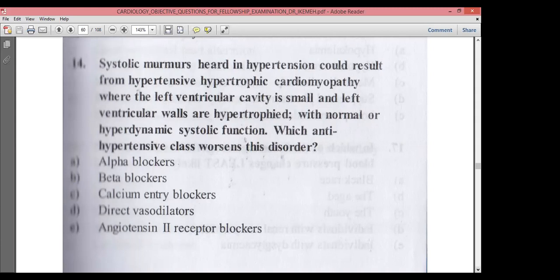Especially with those vasodilators that cause concomitant venodilatation, they reduce venous return. And when you reduce venous return, you reduce your end-diastolic volume, and that worsens outflow tract obstruction.